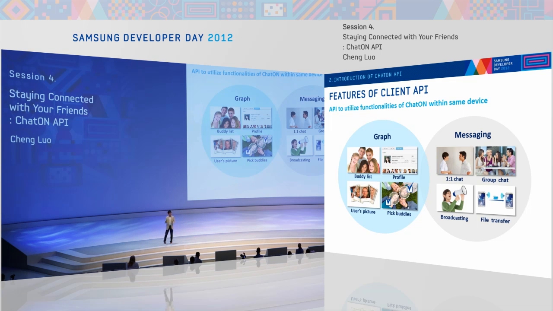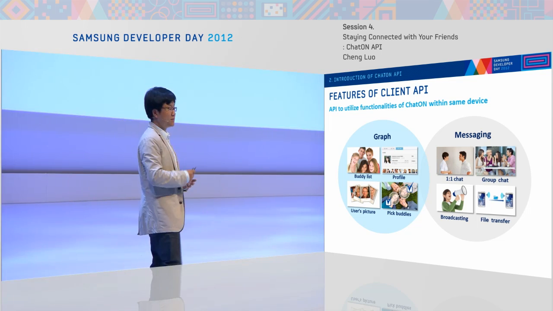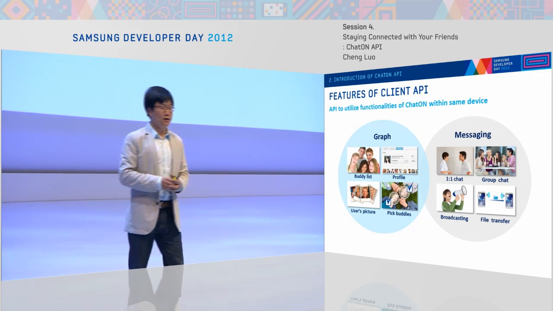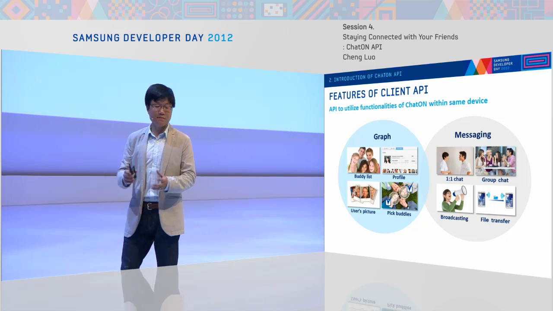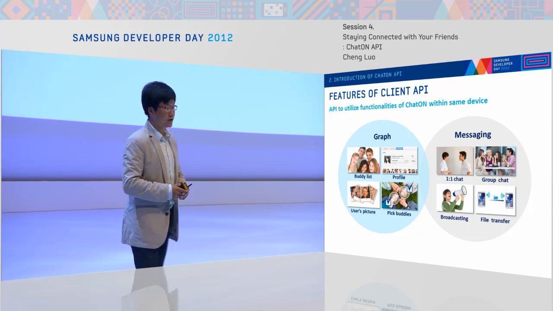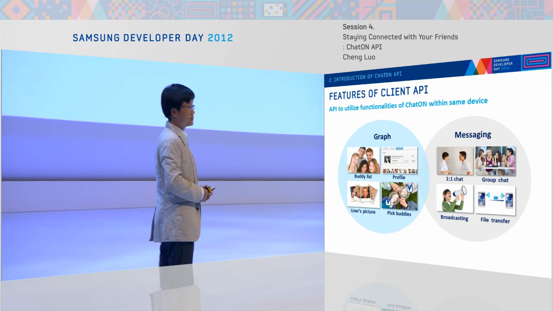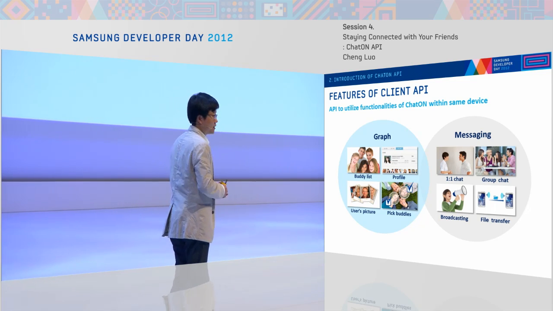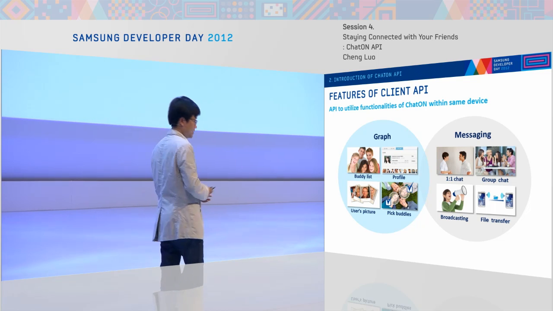One more thing is that you can pick the buddy, because you can launch the client and pick buddies from the list. This is something not available on the service API. The second part is messaging. Same as the service API, you can create a one-to-one chat room, have group chat, also broadcasting or file transfer. So this is the service API and the client APIs on the device.